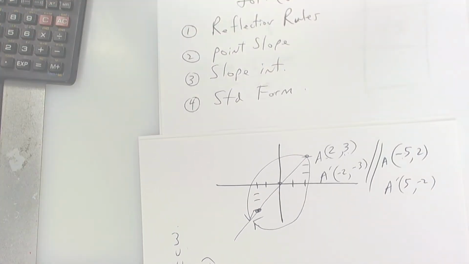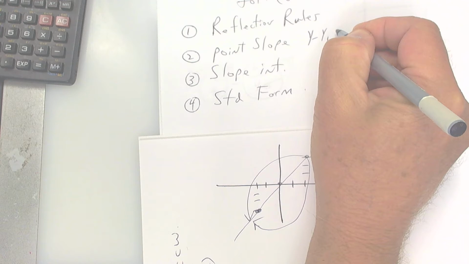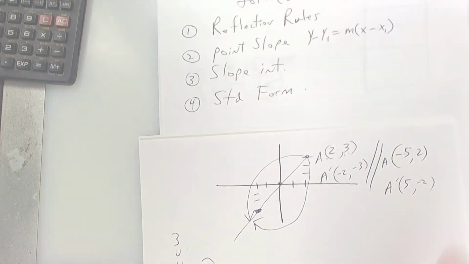On the bell work, you wanted to know point slope. Does anybody know what point slope is? Point slope is y minus your y equals m and x minus your x. Copy it down. You need to know it. It's on the EOC. You've already taken the first one. Now you're going to do it again.